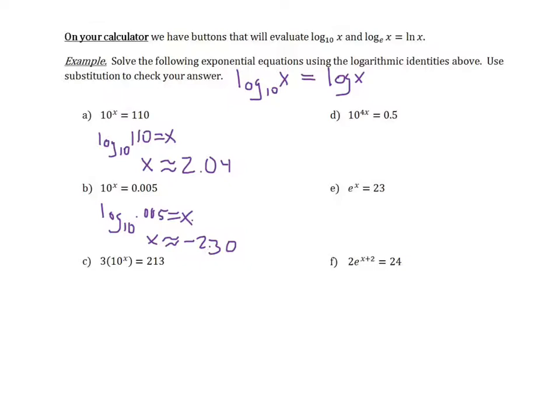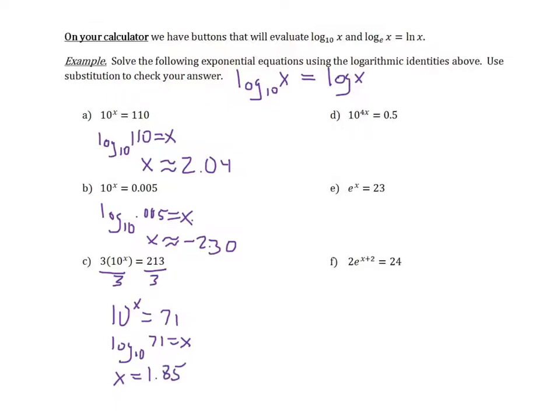How about this next one? Well, let's try dividing by 3 first. So if we divide this by 3, before we take the logarithm, we have 10 to the x equals, and that gives us 71. And now we're just looking for the log base 10 of 71, because x is the power that we put on 10 to get 71. Using our calculator, we get 1.85.